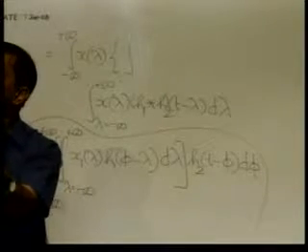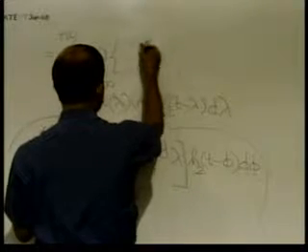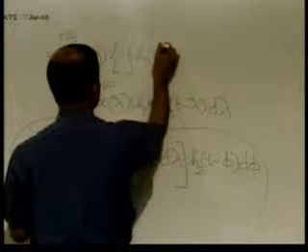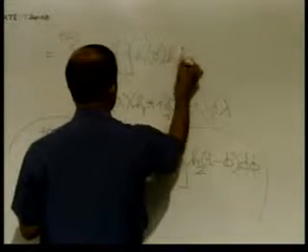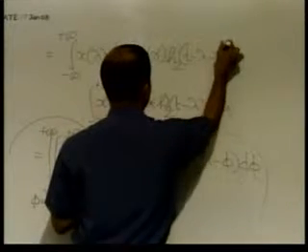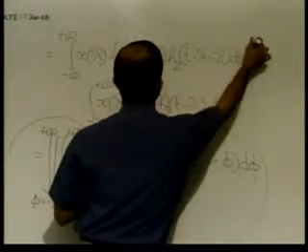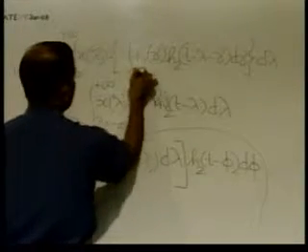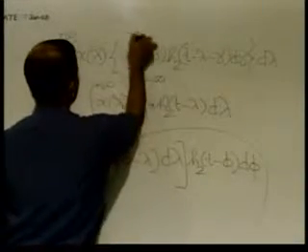Let's call that variable gamma. So we have h1 at gamma, h2 at t minus lambda minus gamma, d gamma, and the whole d lambda. And this has gamma running from minus infinity to plus infinity.